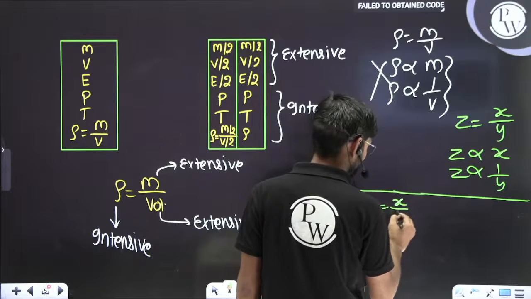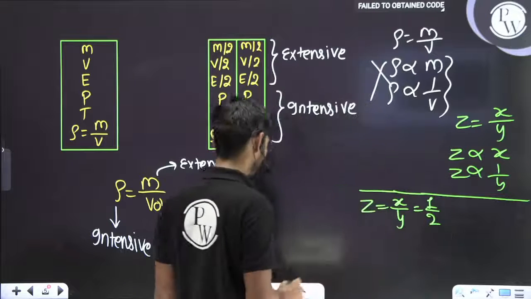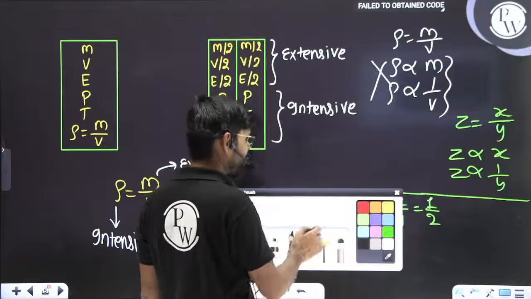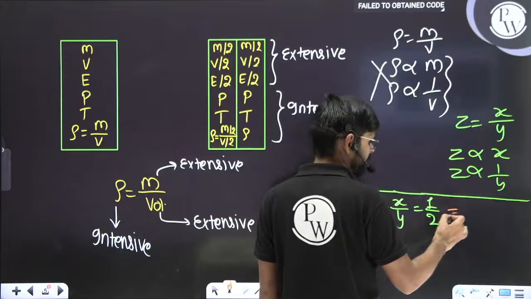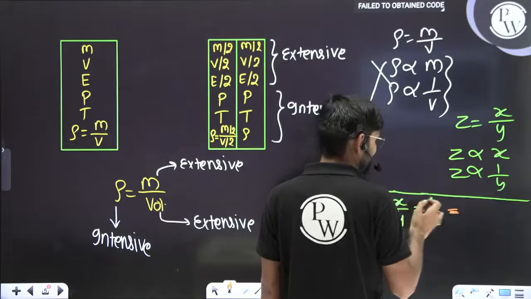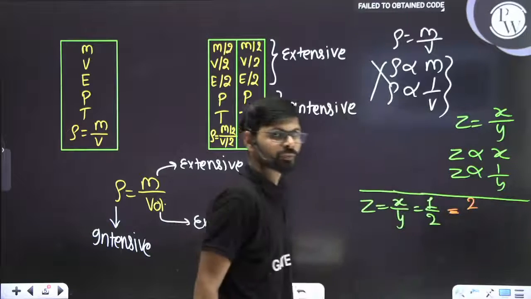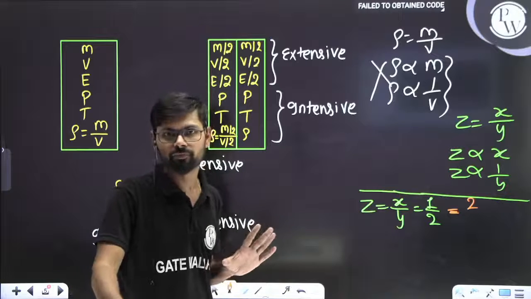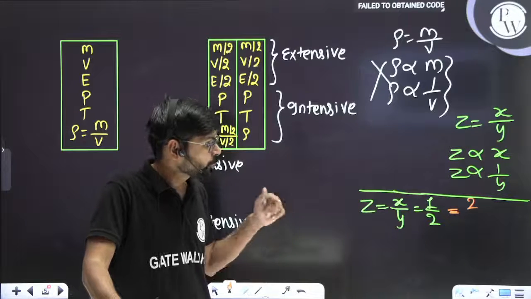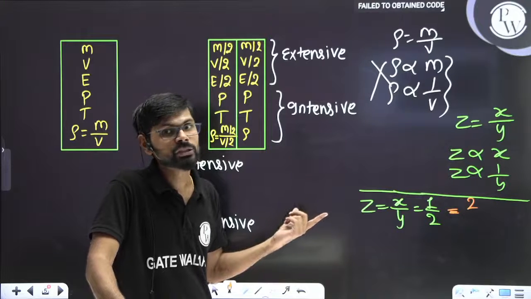It is x by y. Let's say x value is 1, y value is 2. Now I am increasing x by 1 unit, so it becomes 2. But x and y are dependent on each other. So if you increase x, there may be a chance y will also change.